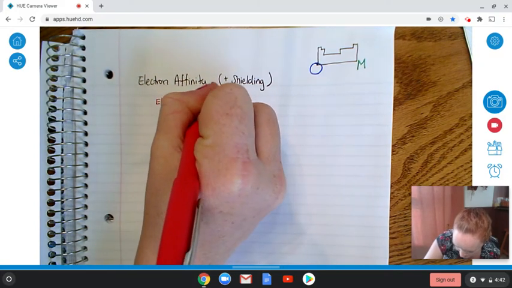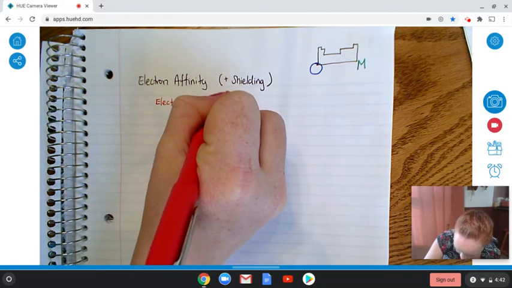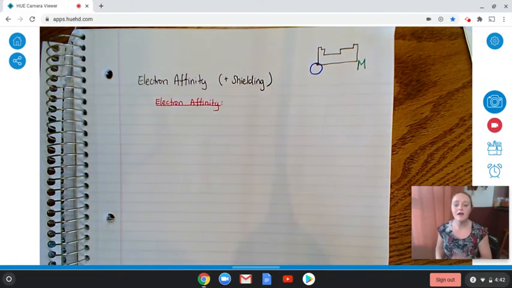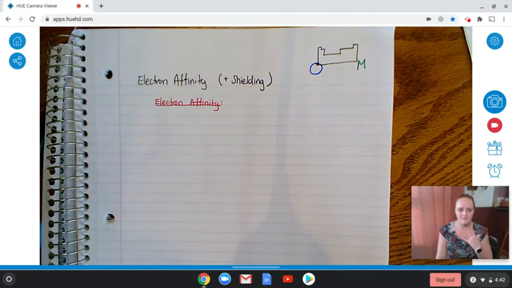affinity. Electron is a word we know, so we're talking about electrons. Affinity is probably also a word you know. If you have an affinity for something, if I have an affinity for coffee and tea, I like coffee and tea. So affinity means liking or keeping.